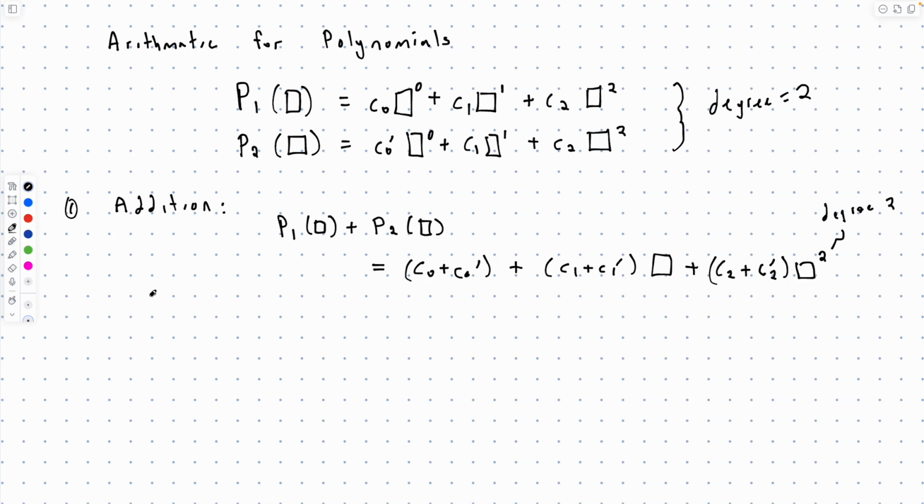Okay. And then visually, if we want to visualize it, I'll draw something more than a degree 2, but again, I won't draw the mod q. Say we have a polynomial that looks like this, and we have another one that looks like this. The addition of the two is the sum at every point. So let's say I go to this point, whatever this value is plus whatever this value is, that's going to be the value on the new polynomial.